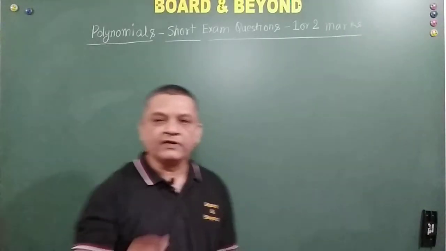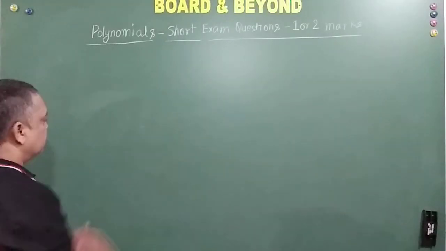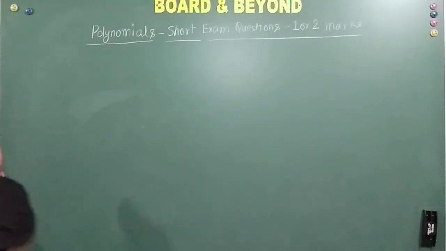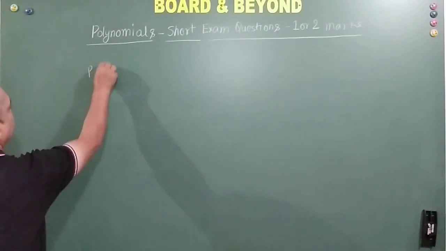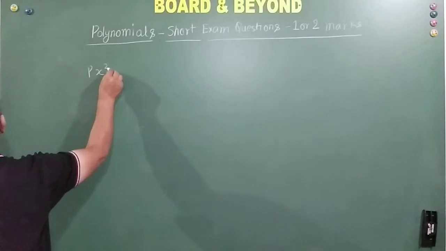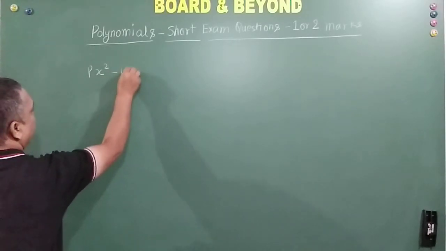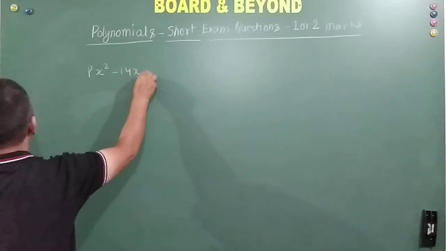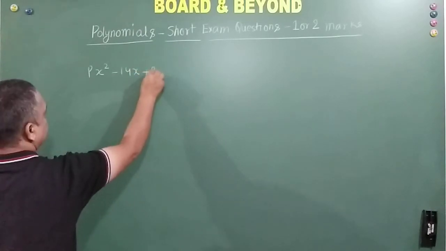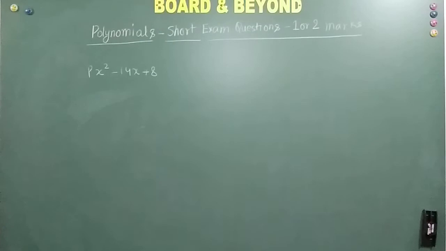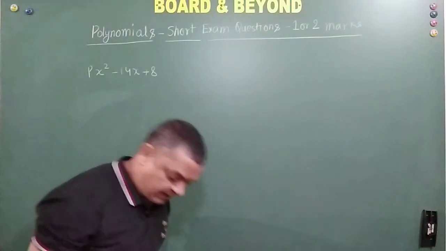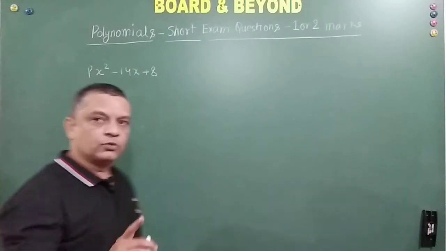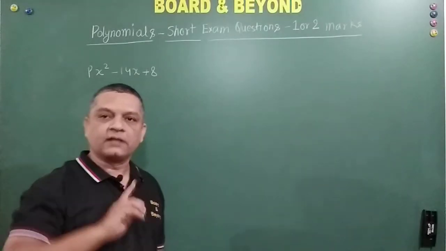So let's take up the first question, right? The first question says that we are expected to find the value of p for px square minus 14x plus 8, such that one root is 6 times the other root.